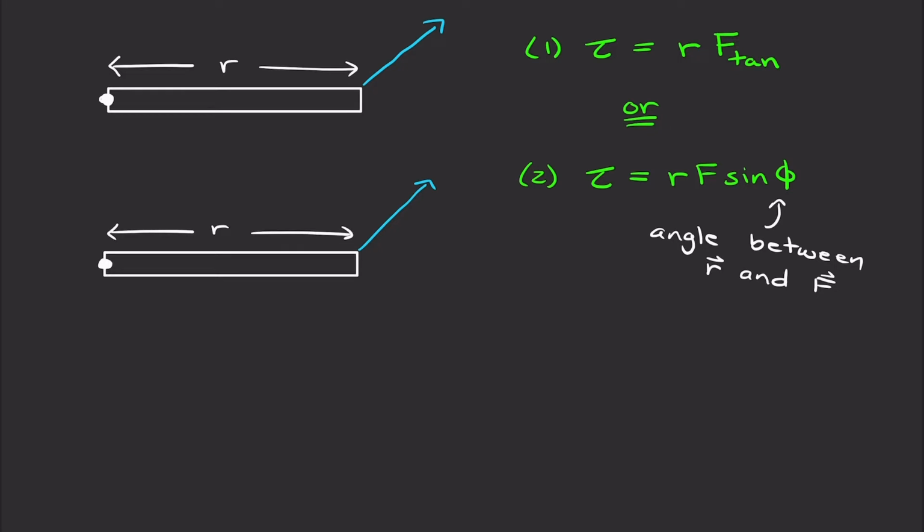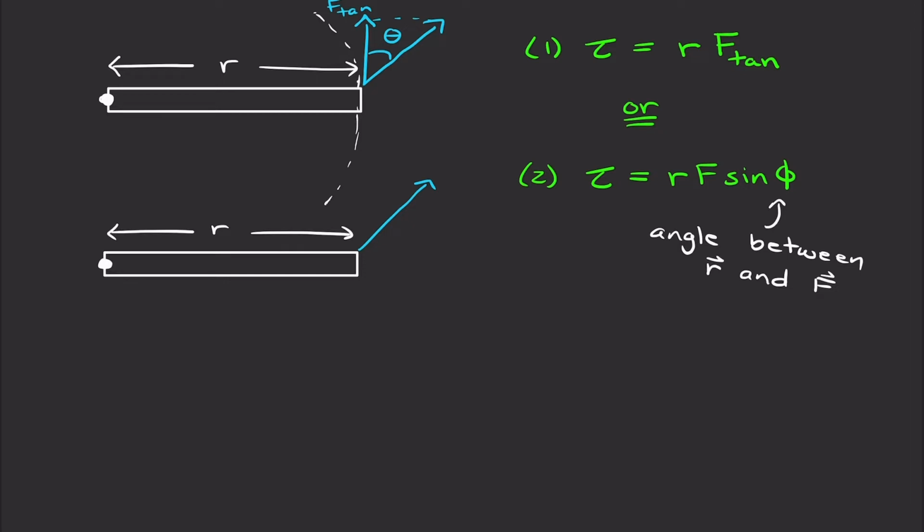The first way, say we're given this angle theta. Then we need to find the tangent component of the force. This rod is going to rotate in a circle like this, so the tangent component is going to be right here. That is the adjacent side of this right triangle.